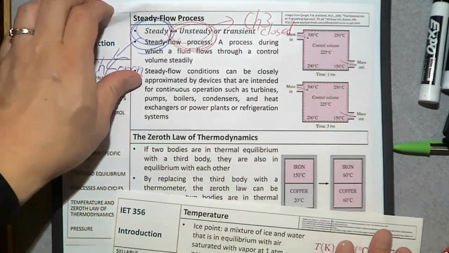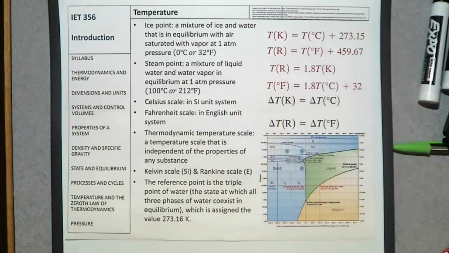All right, temperature first. Ice point and steam point. This is the last time you're going to say ice point or steam point. Once you study thermodynamics, you are going to call them by a different name. That is saturation point, which we will talk about later when we go to chapter 3.